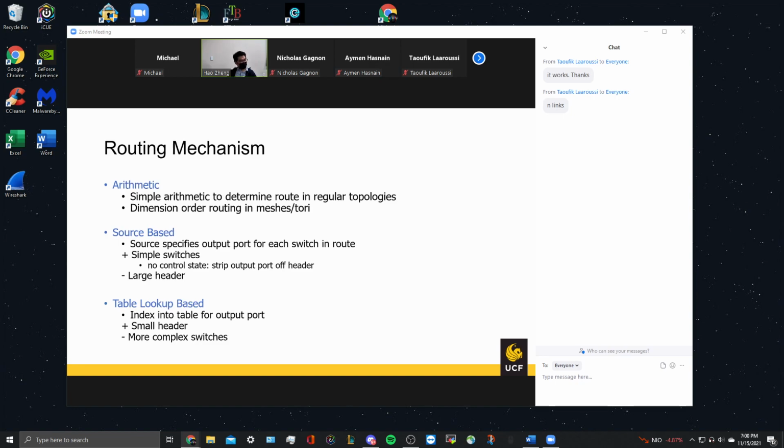In such a case, you need to have the entire topology information, and you also know your source and destination, and then you can pre-compute the entire path and embed this information in the packets. So this means we have a larger header, because you need to put additional information into the packets, which will occupy some space.